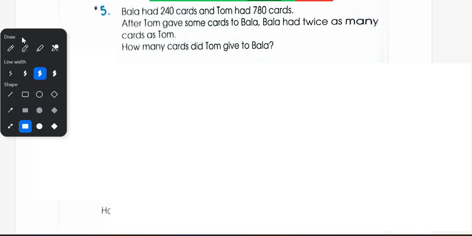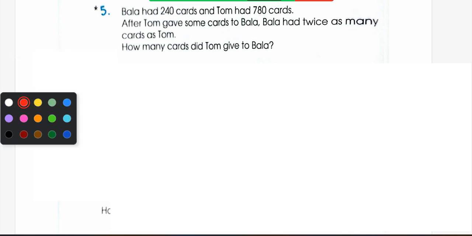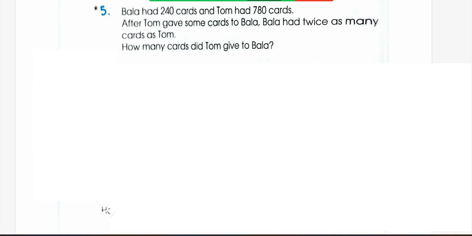Okay, so for better understanding, we can reduce the numbers. Sometimes we can reduce the numbers to understand the question better.